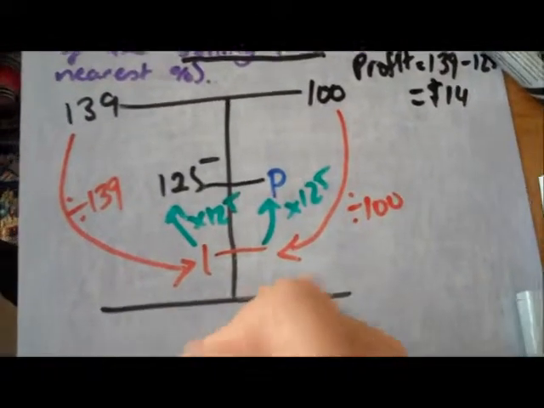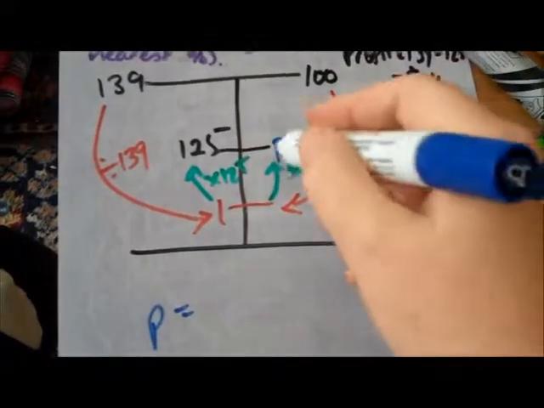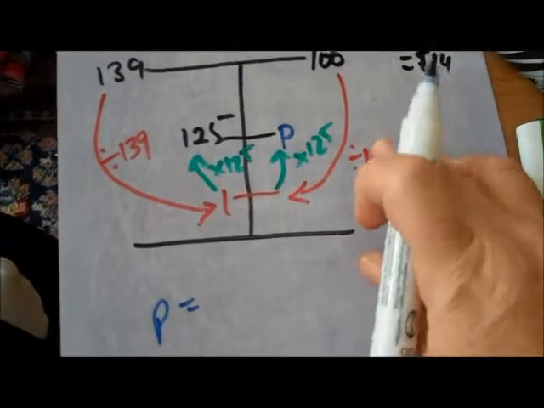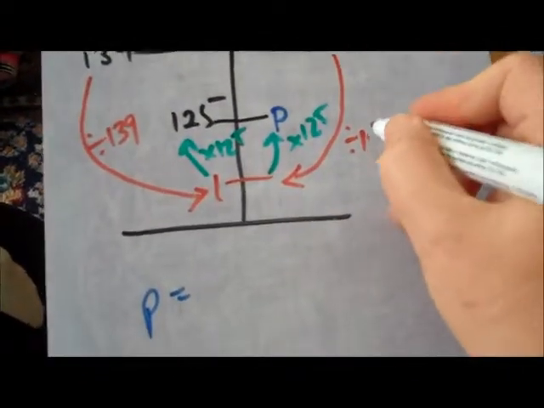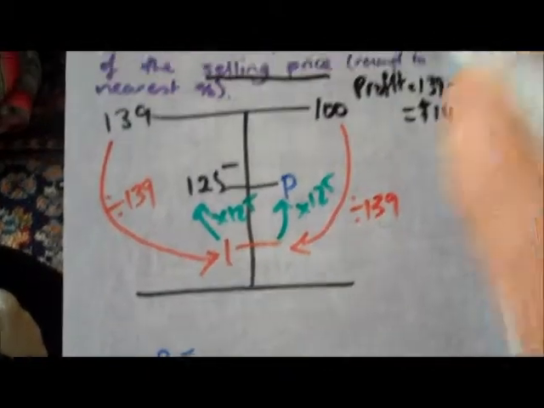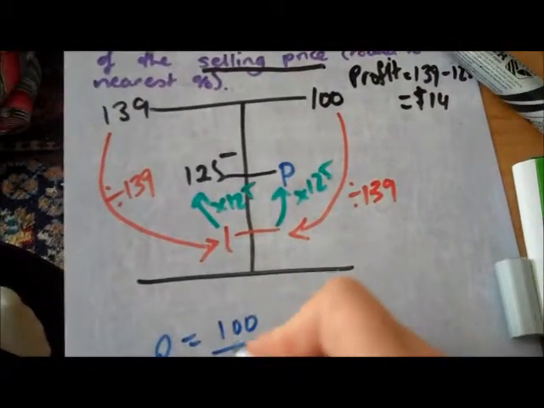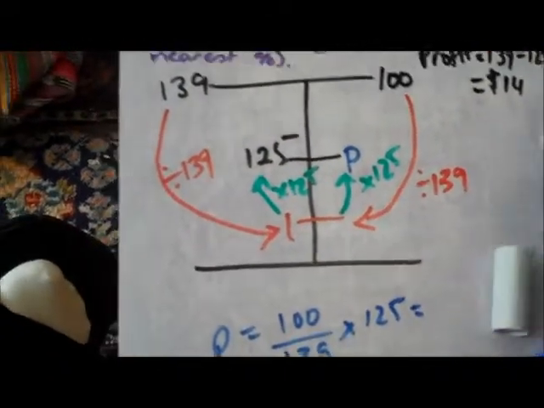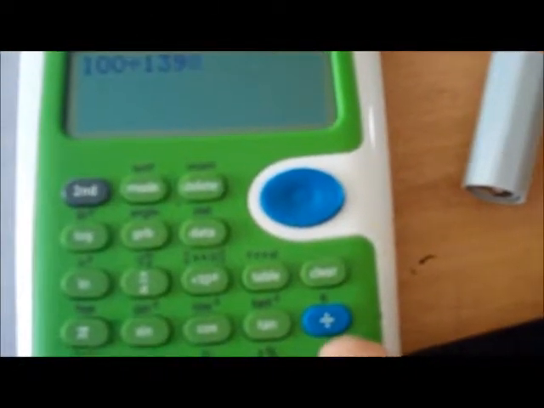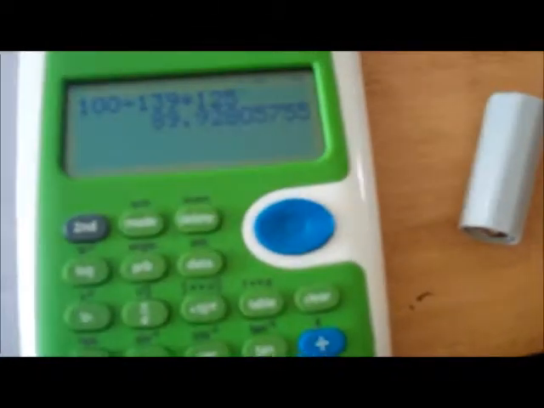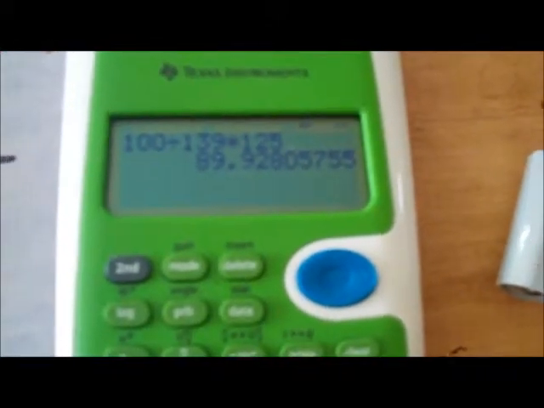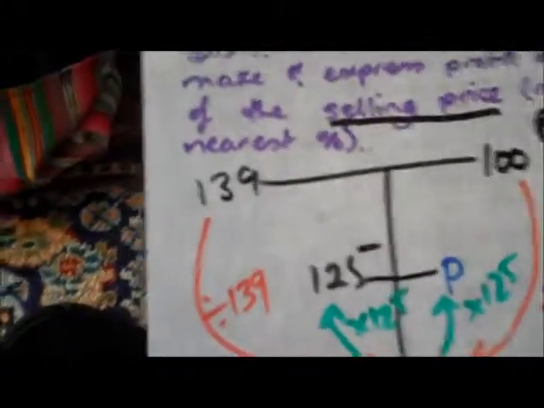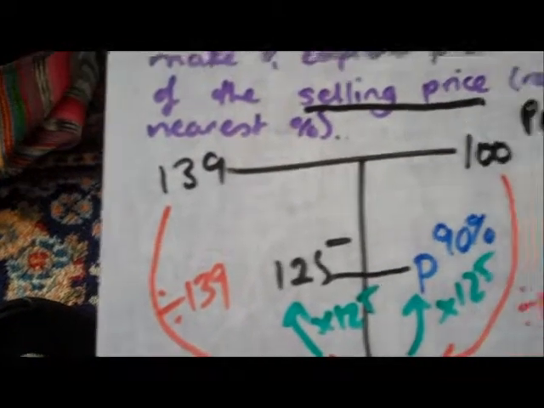So P equals, where did I start? At the 100. Oops, that should be 139, shouldn't it? Sorry about that. It's better. 100 divided by 139 times 125 equals, let's get the calculator out, 89.9, so we're going to round that to the nearest percentage, so that makes this 90%.